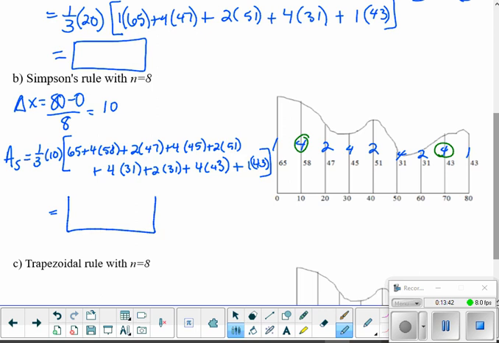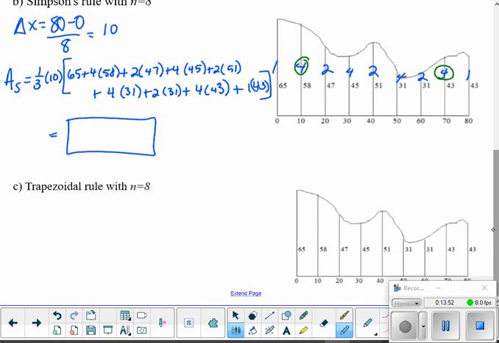And we can get an answer for that one. I'll fill that in a moment. That would be more accurate than the one with 4, wouldn't it? Than our previous one in A.